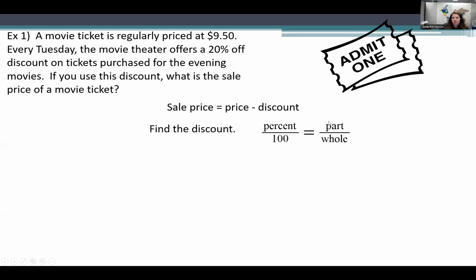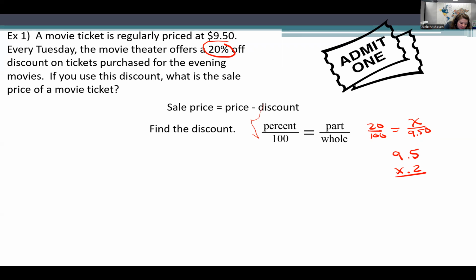We can either use a proportion. We can do this, our percent, 20 over, let's see, the whole price is $9.50. We could do 20 over 100. The whole price is 9.5 or 9.50, and we don't know our sales price. Or we can just turn our percent into a decimal, 9.5, and multiply it by 0.20 or 0.2.